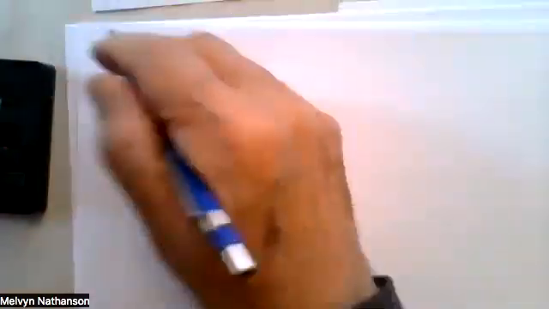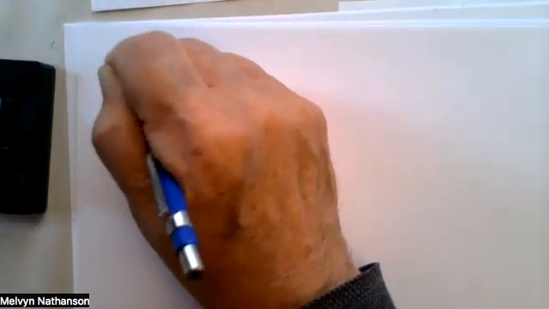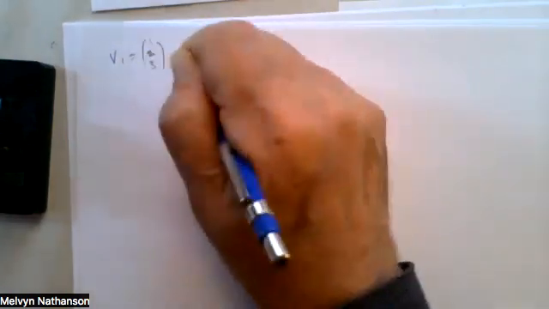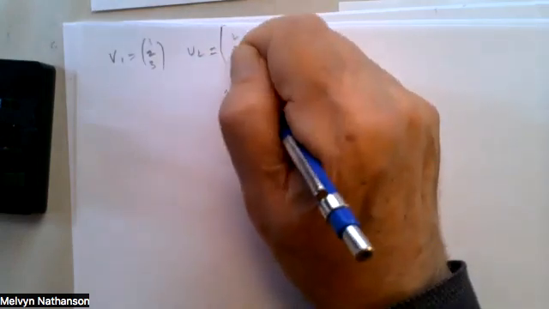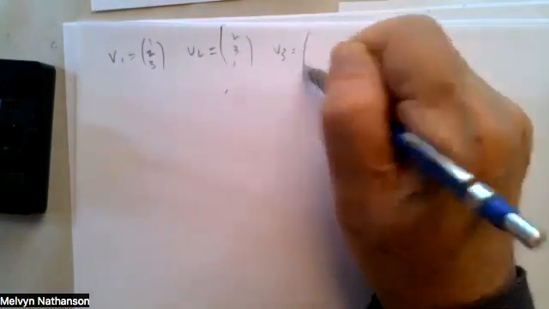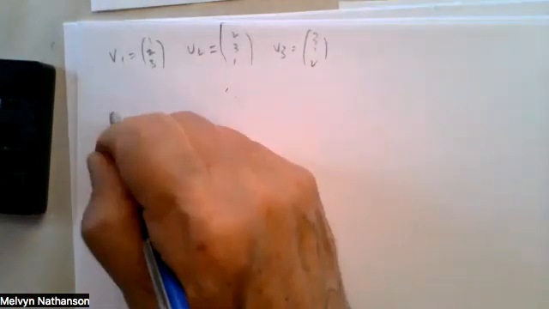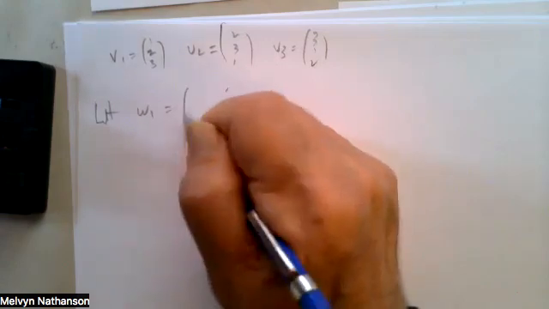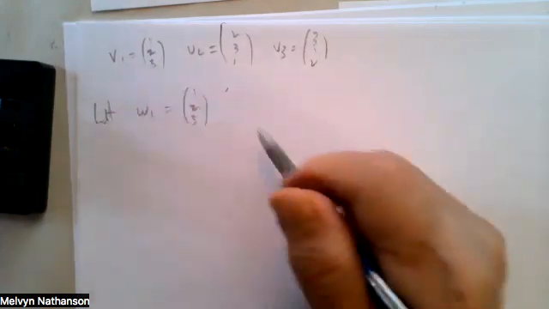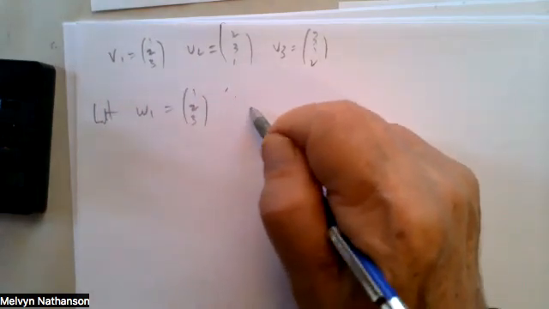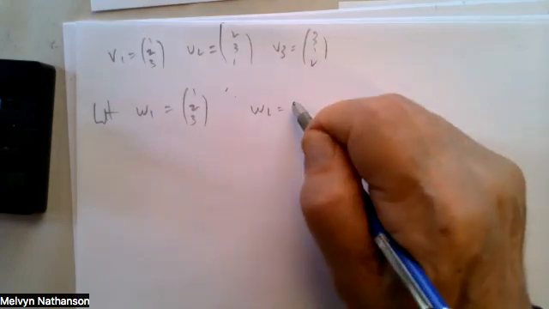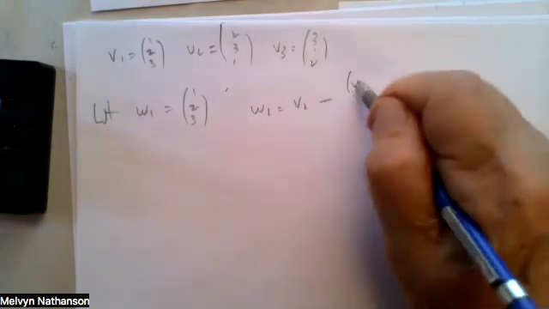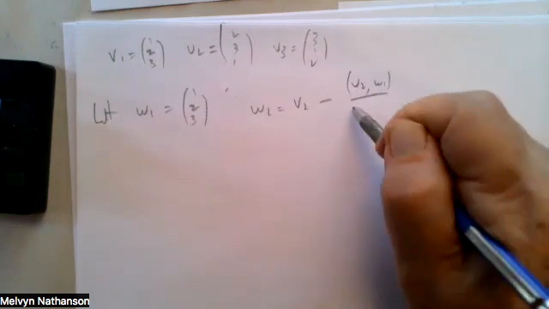So how do I get an orthogonal basis from them? So V1 is 1, 2, 3. V2 is 2, 3, 1. V3 is 3, 1, 2. So I let, this is the first step, W1 just be the first vector. W2 be V2 minus the component of V2 in the direction of W1.